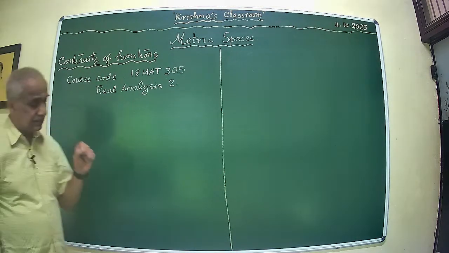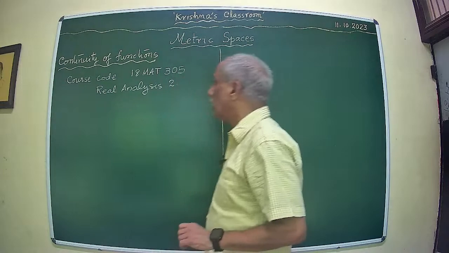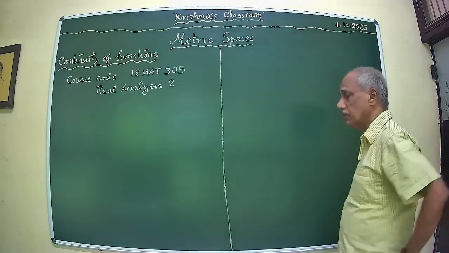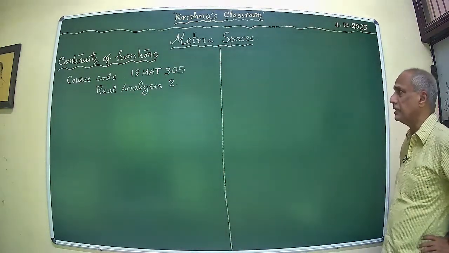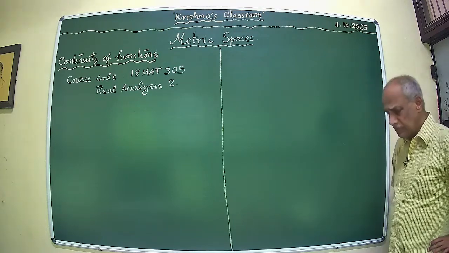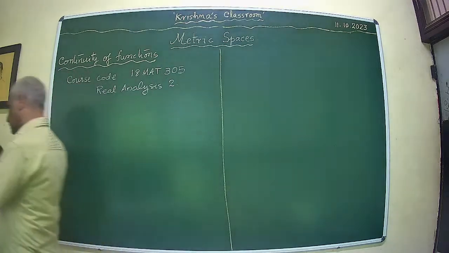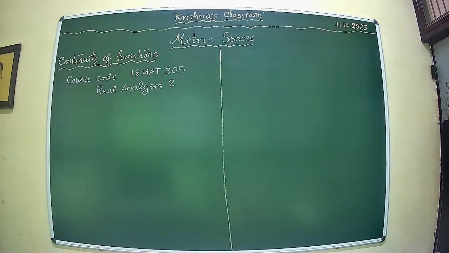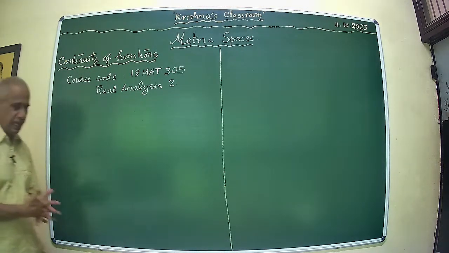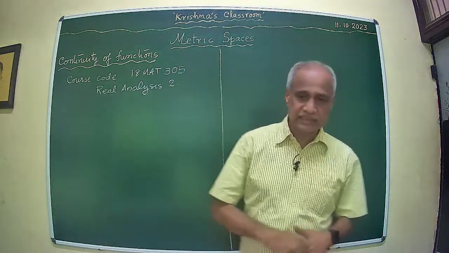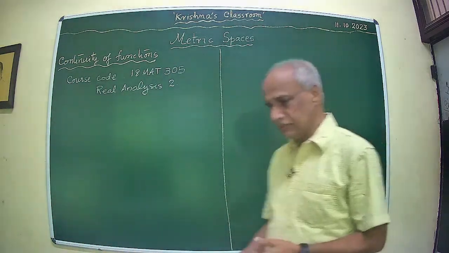In this lecture, I want to explore the concept of continuity of functions defined from one metric space into another. But before that, let me just say what a metric space is.